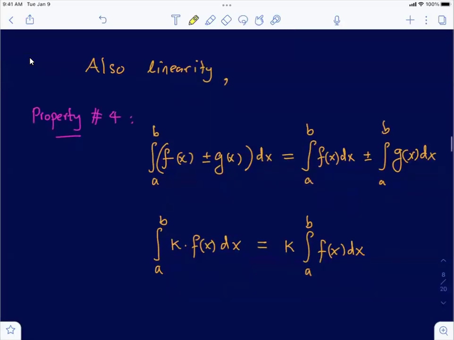On the other hand, when you have a constant multiple in front of a function, you can bring the constant multiple out of the integral operation, and then integrate only the meaningful function component of that composition. These two results together are what we call linearity properties. So in other words, the integral operator is a linear operator.